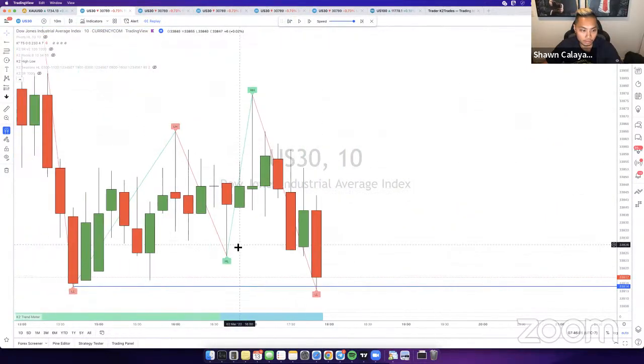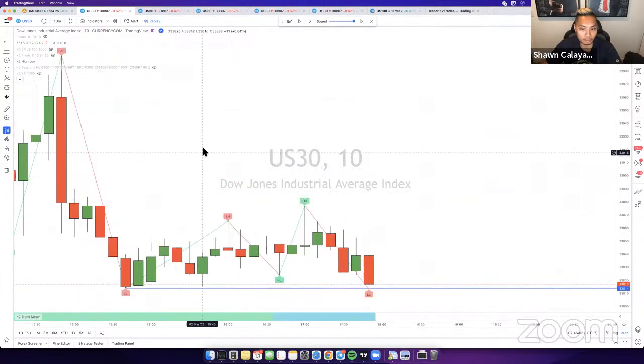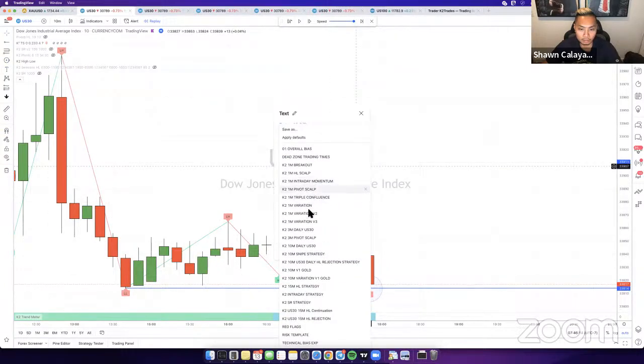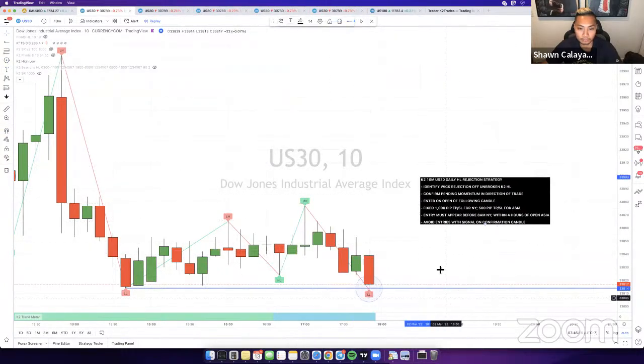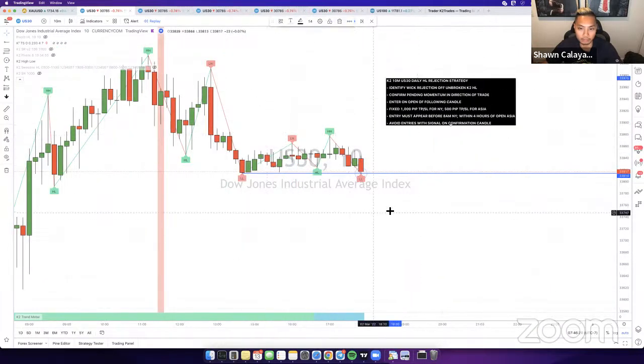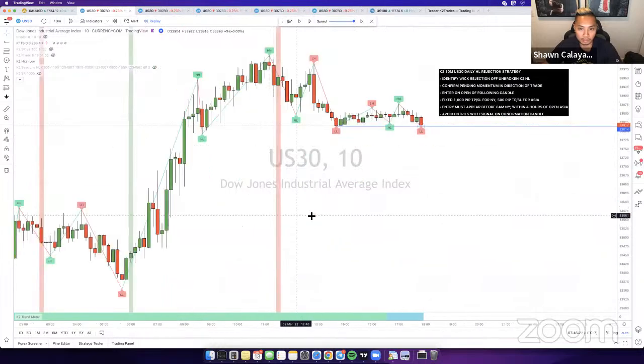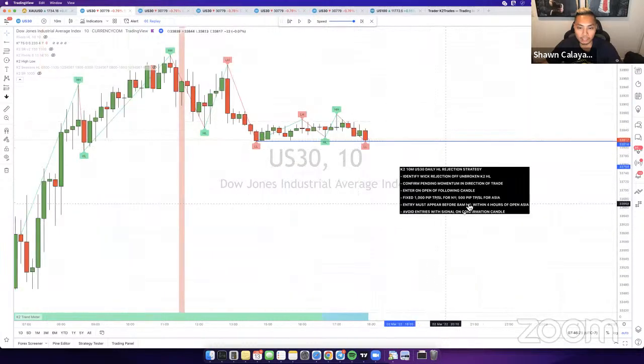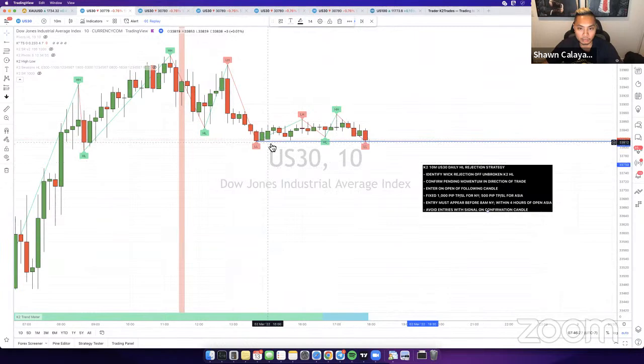So this rejects off right here. You can barely see it. Wick rejection right there, with the same requirements. And this is a random day. I didn't handpick March 2nd. I was like, okay, let's pull up a random day. This is how I do a blind back test. I just pull up a random day, pull up the strategy, and see if it hits.